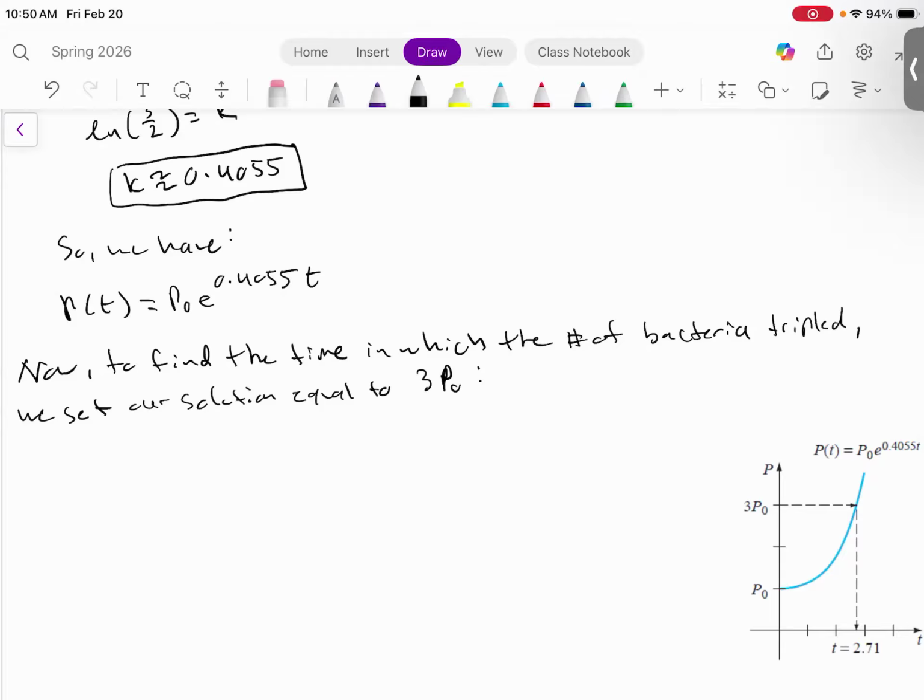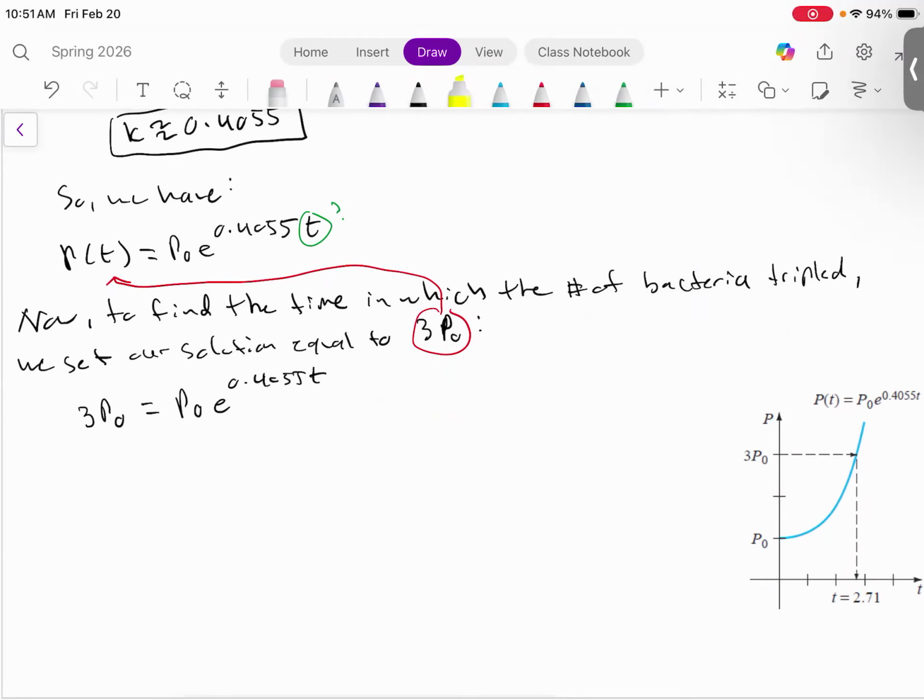So let's go ahead and do that. We're going to take triple the population and plug that into our solution up above, P naught e to the 0.4055 t. I'm plugging it in right there because the time is what I want to figure out. Once again, the P naughts cancel out. We just divide over each other. And what I'm left with is 3 equals e to the 0.4055 t.